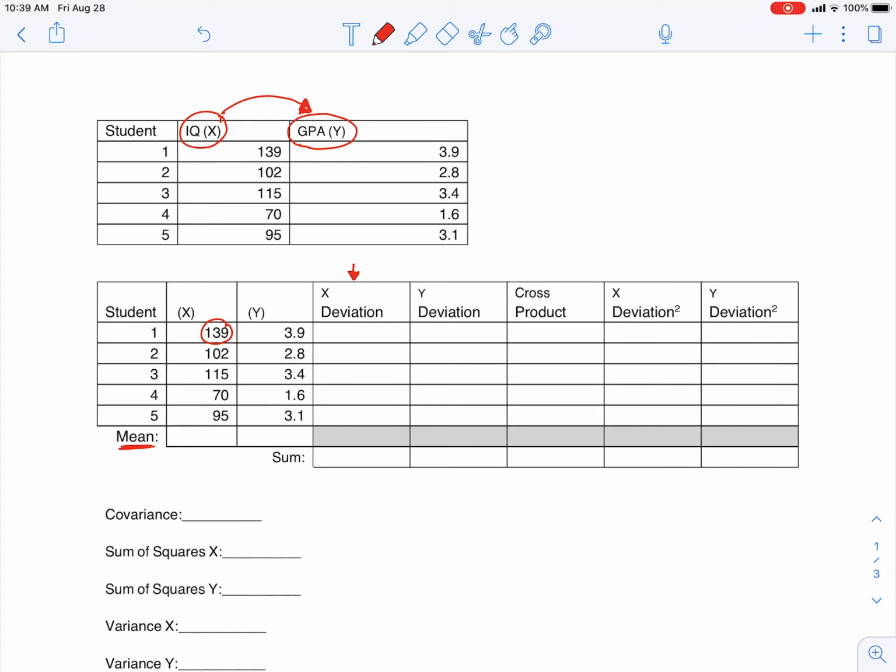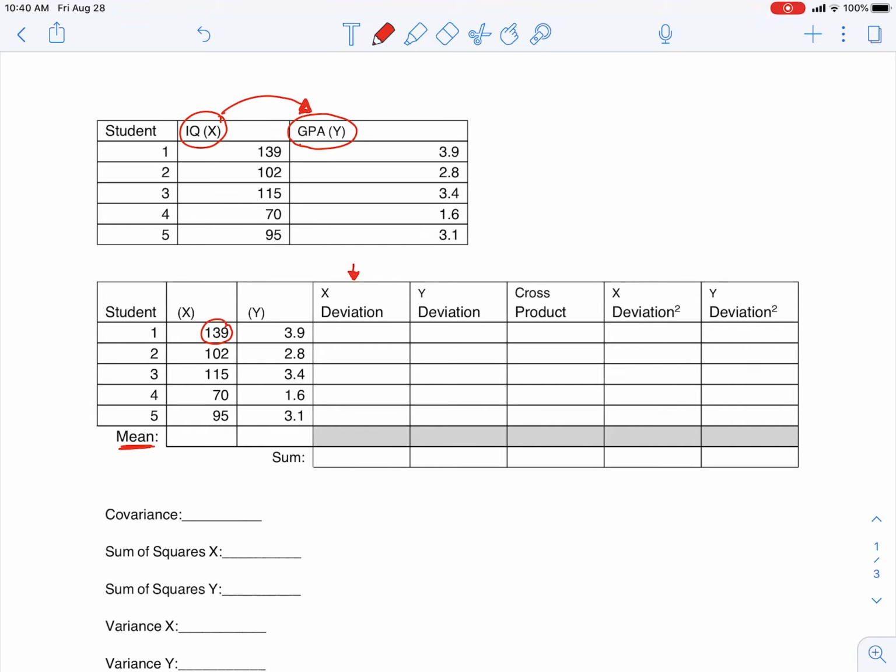In other words, one way of asking this again is, if we know nothing else about a person except that they were in this group of students, what would we guess as their IQ? We don't know what their GPA is. We don't know anything else about them. Well, the best guess is always going to be the mean value, the average.